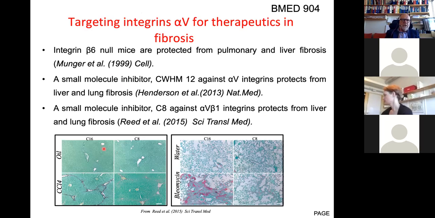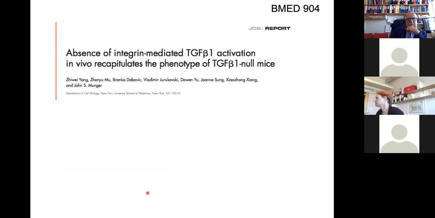So this is an example of liver fibrosis where alpha V beta 1 on the stellate cells is involved in activating TGF beta. If you induce fibrosis and include an inhibitor against alpha V beta 1 integrin, then you have no fibrosis because TGF beta is not activated.